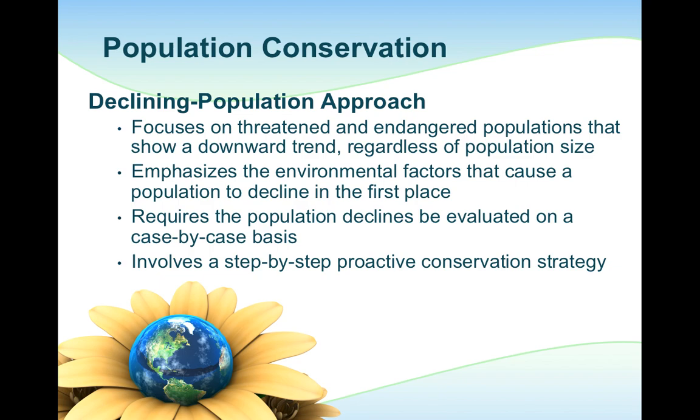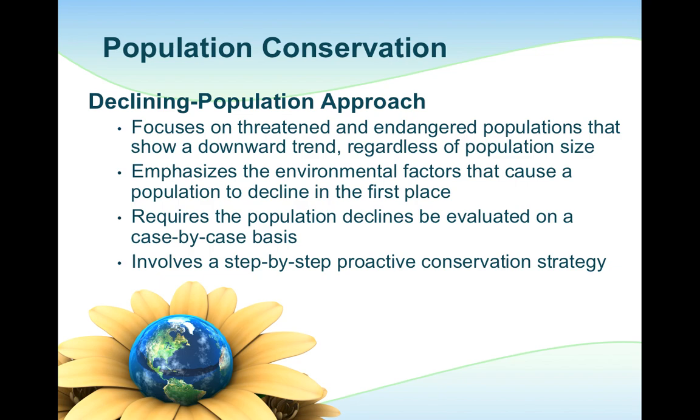Here we're going to emphasize the environmental factors that cause the population to decline in the first place. We're already at the point where the population size is small, we're stuck in that vortex, and so now we're going to try and find ways to bring it back.